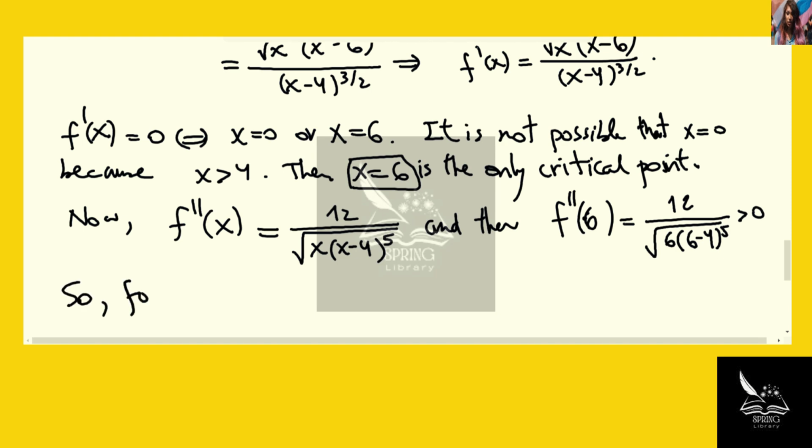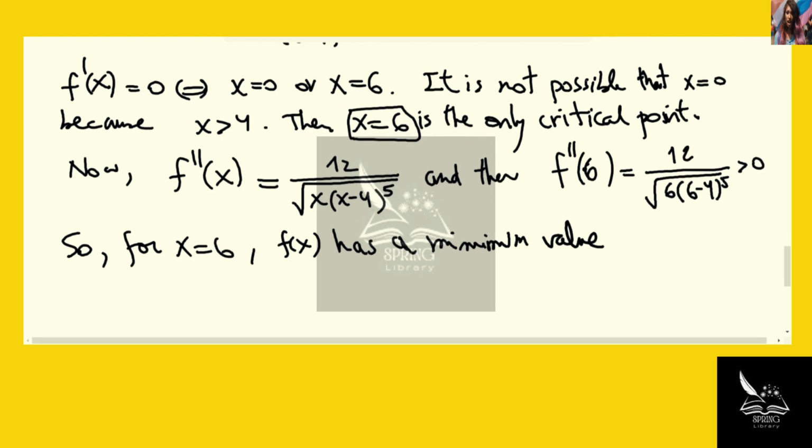So for x equals 6, f of x has a minimum value, and that's what we're looking for. That is x equals 6, and for that y is a minimum in terms of x.